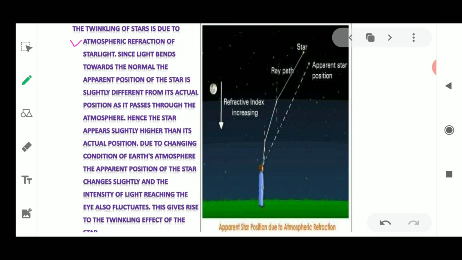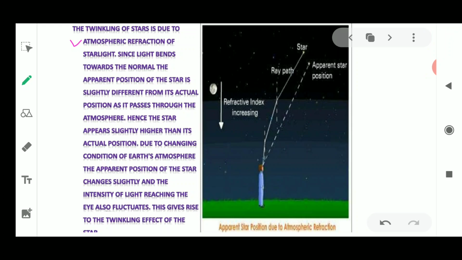Next, we saw some natural phenomena occurring due to atmospheric refraction, where we discussed the apparent position of the star, and that the real position of the star is very much different from it, as the densities are different.